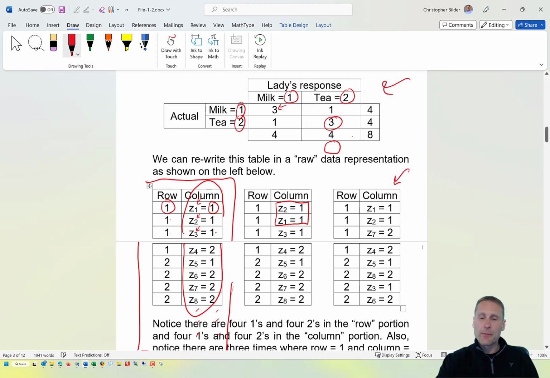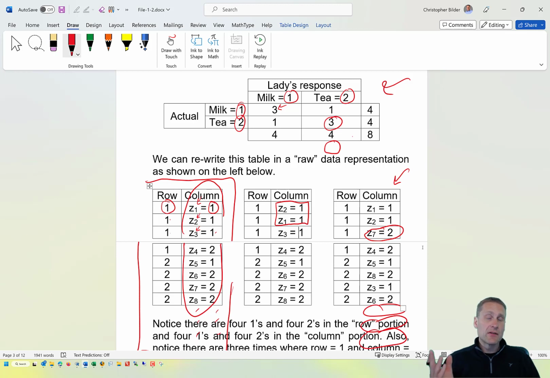Here's another example. Suppose we change a few more things around. So we change that one, this one, and this one. Again, under independence, all these column designations in terms of the Z's would be equally likely to occur with the corresponding row numbers, because there's independence.